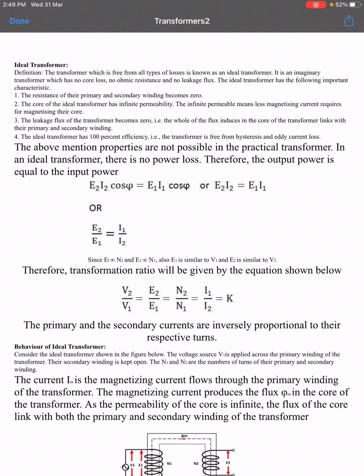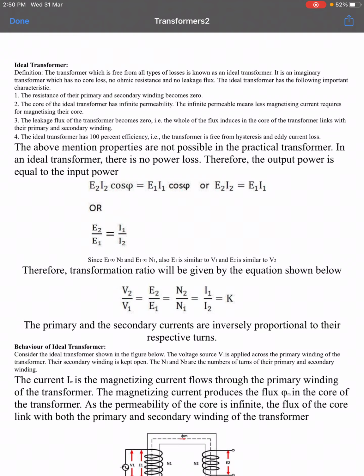We can write this equation: E2 by E1 equals I1 by I2. That is, secondary induced EMF divided by primary induced EMF equals primary current divided by secondary current.